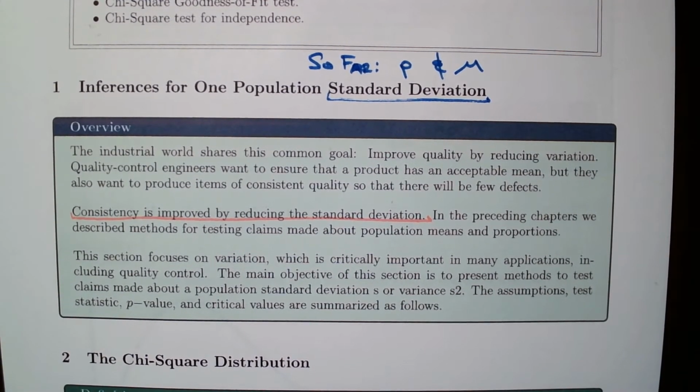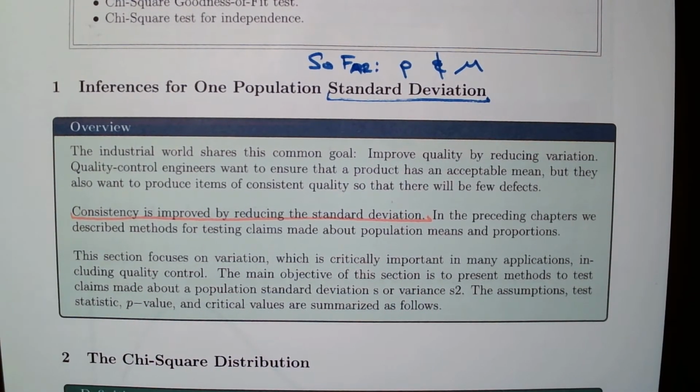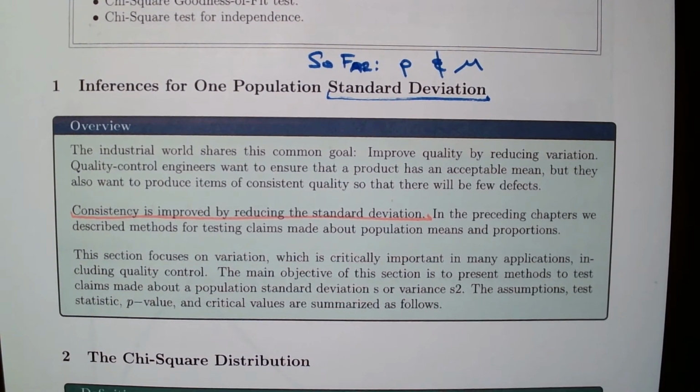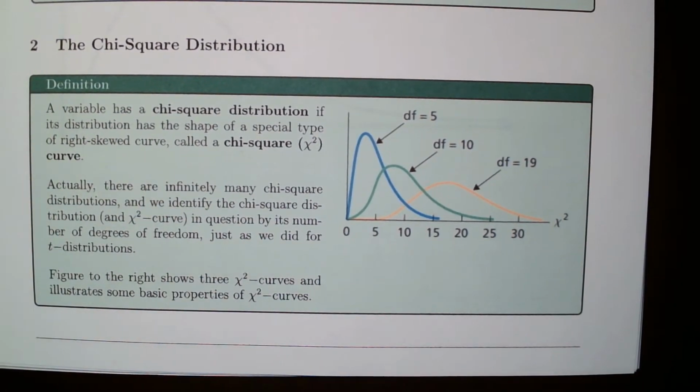We're going to do hypothesis testing for standard deviation or variance, no more means or proportion. But for this kind of test, we're going to need a new kind of distribution, which is called the chi-square distribution.